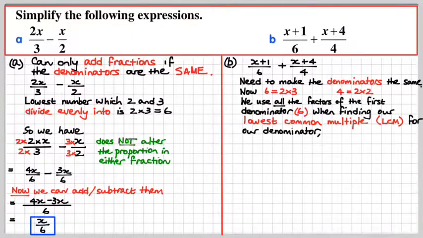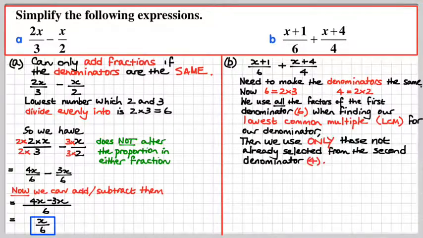We always use all the factors of the first denominator, which is 6, when finding our lowest common multiple for our denominator, and then we use only those from the second denominator, which is the 4, that are not already selected from the first one. That sounds like double Dutch, I'll show you. So you've got 6 equals 3 times 2, and you've got 4 equals 2 times 2.